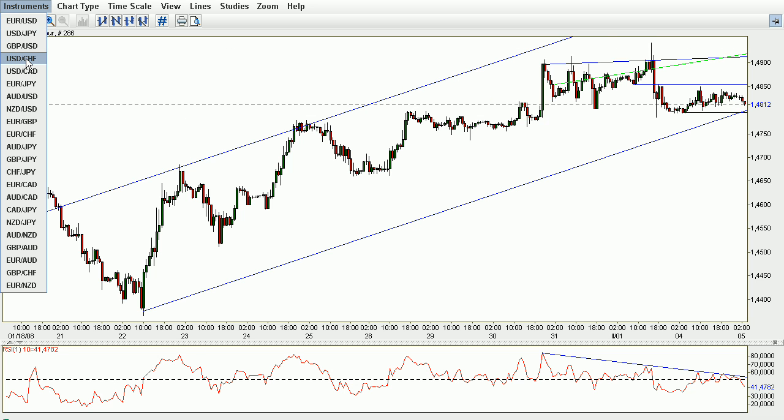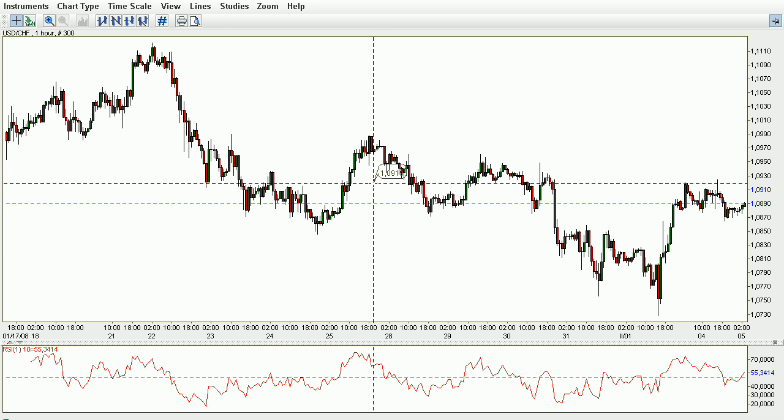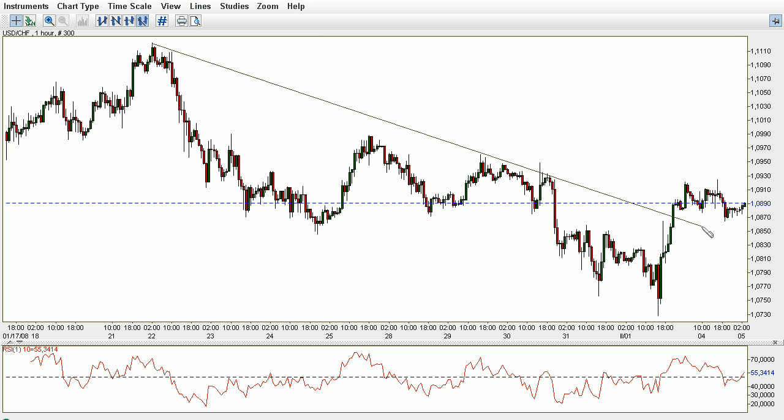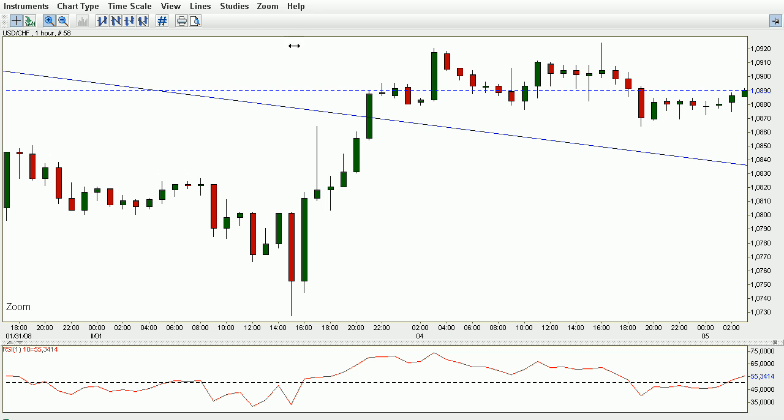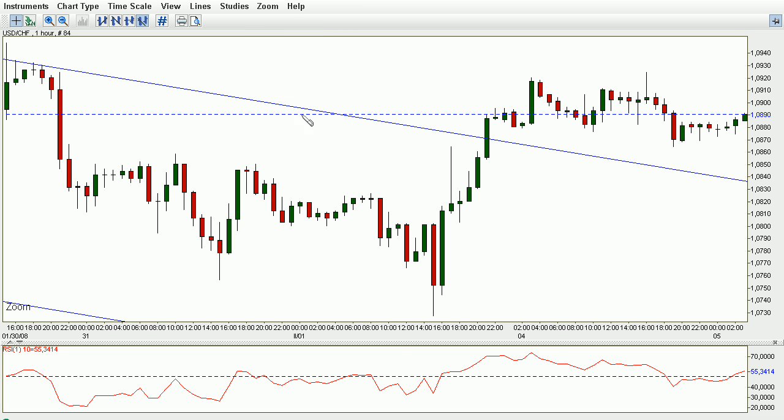Another thing that I saw was with the currency pair US dollar Swiss franc, and here, as you know, those two currency pairs, the euro dollar and the Swiss franc dollar, are negatively correlated, so if the one goes up, the other is supposed to go down. So what I saw here is this trend line break, and let's zoom in on this part after this divergence, because we saw here a positive divergence between the price chart and the relative strength indicator.